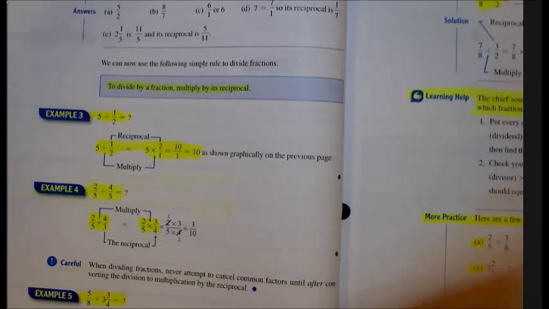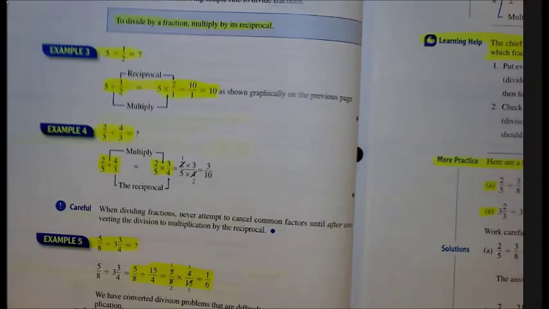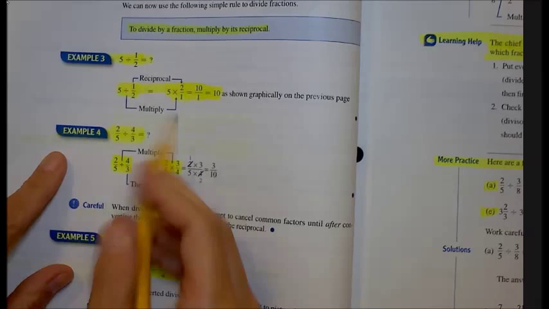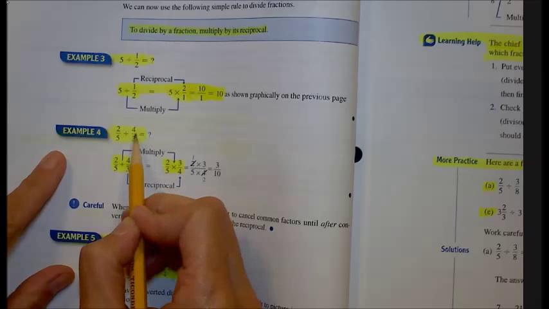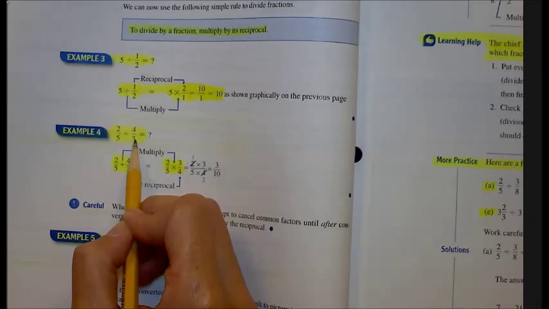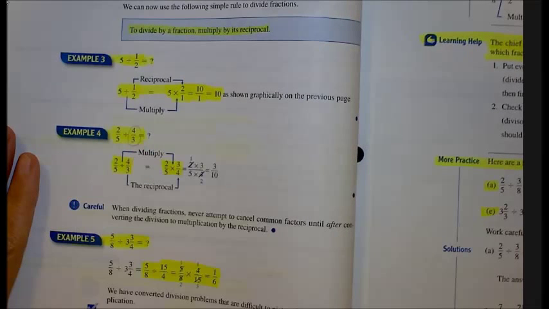In example, I'm going to do example 4 first, and then we'll go back to example 3. In example 4 here, we want to divide 2/5 divided by 4/3. The first step that we do here is we're going to do the reciprocal of the second number that we have in the string.